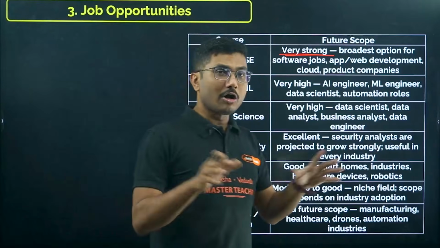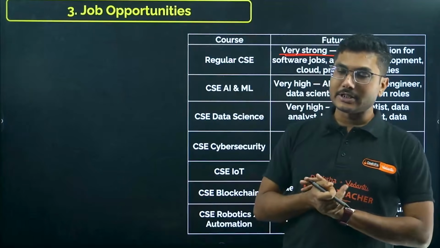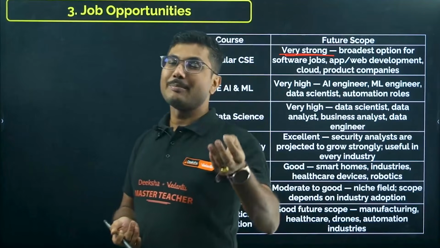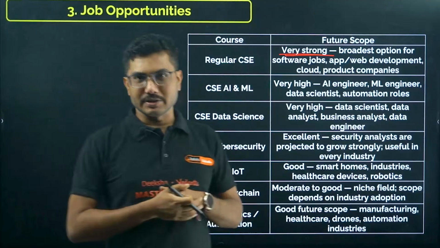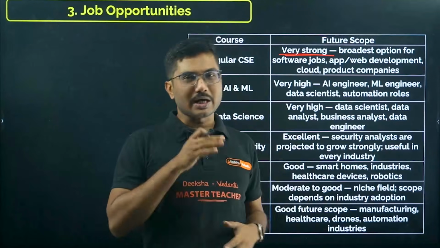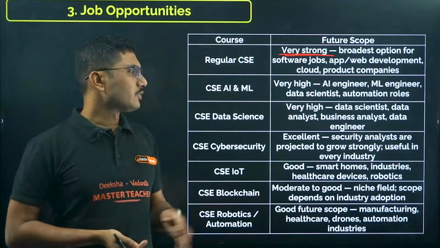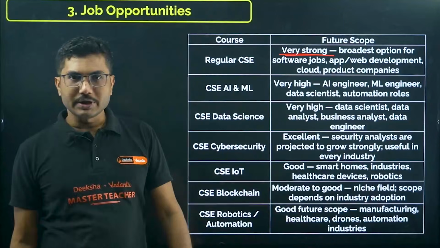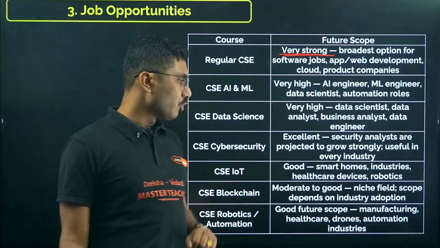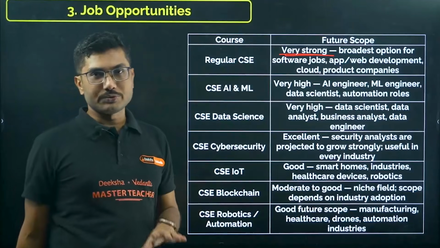So they are all automated. Automated systems are basically small robots which control certain things. Automation and robotics go hand in hand. So this prospect is not bad. It is better than blockchain technology. Good future scope and a lot of scope is there as well.